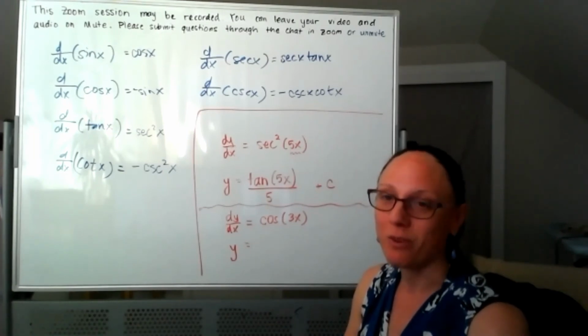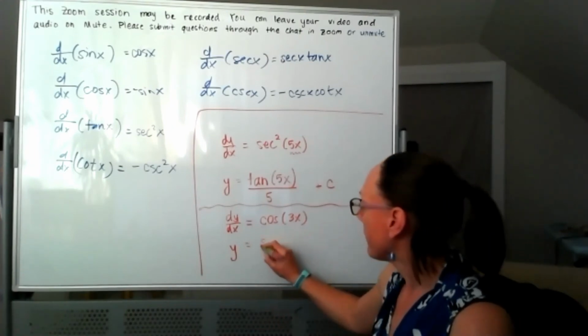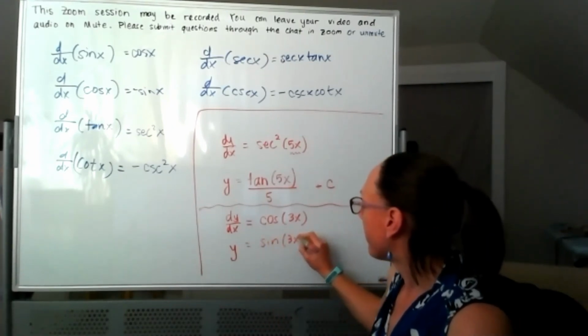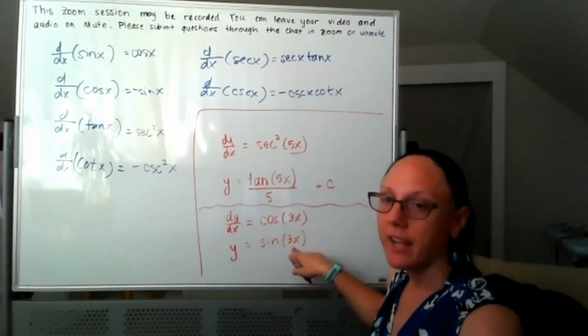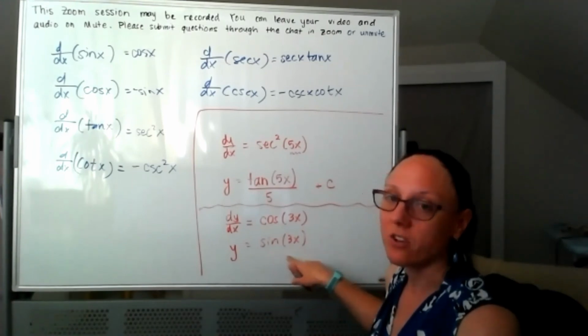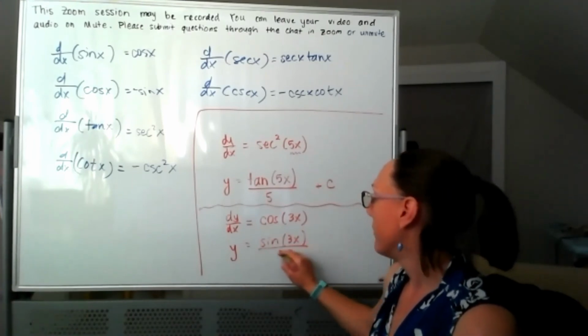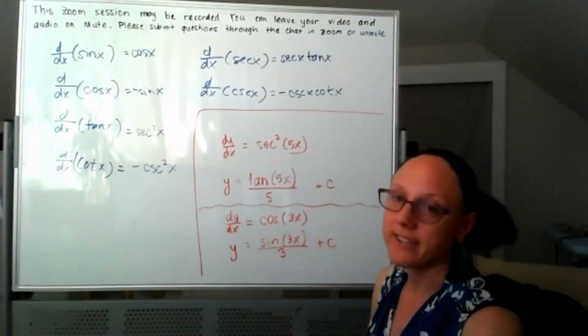The function whose derivative is cosine is sine. I know that I can never change the argument of a trig function, and I also have to correct for the chain rule, which means this is going to look like sine of 3x divided by 3 plus a constant.